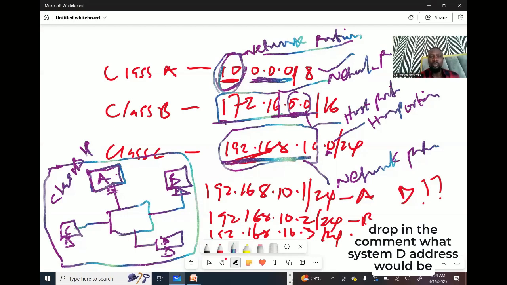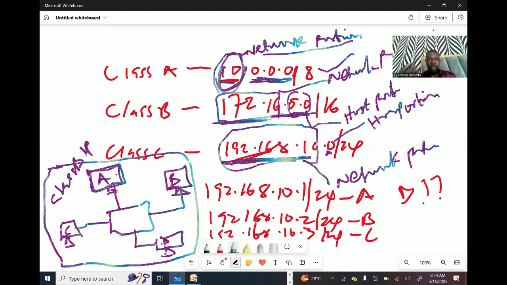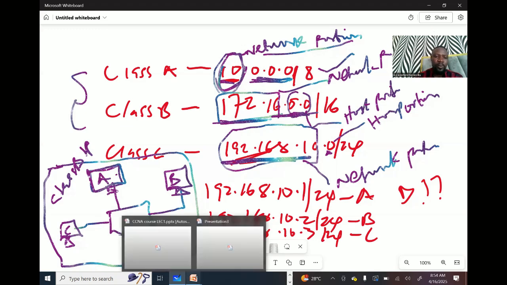Class B uses 2 octets for network, while class A uses just 1 octet for network. So it all depends on the design, on the network requirement. Network requirement will determine which class of IP address is going to be adopted at the end of the day.